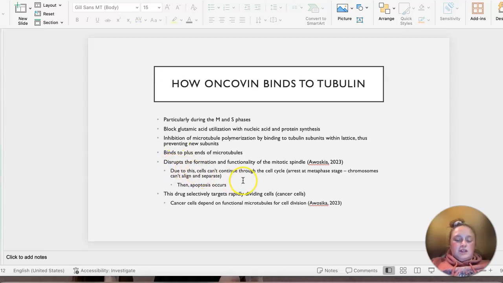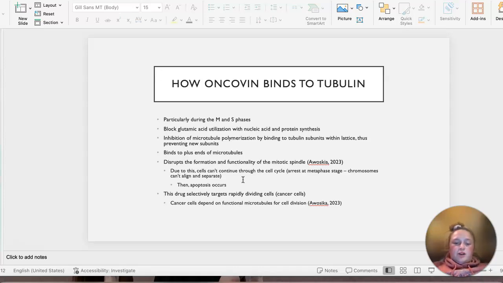Due to this, cells can't continue through the cell cycle, and so they arrest at the metaphase stage, making sure that the chromosomes can't align and then separate before cell division. Due to the long time that it's rested at the metaphase stage, apoptosis, aka cell death, occurs.